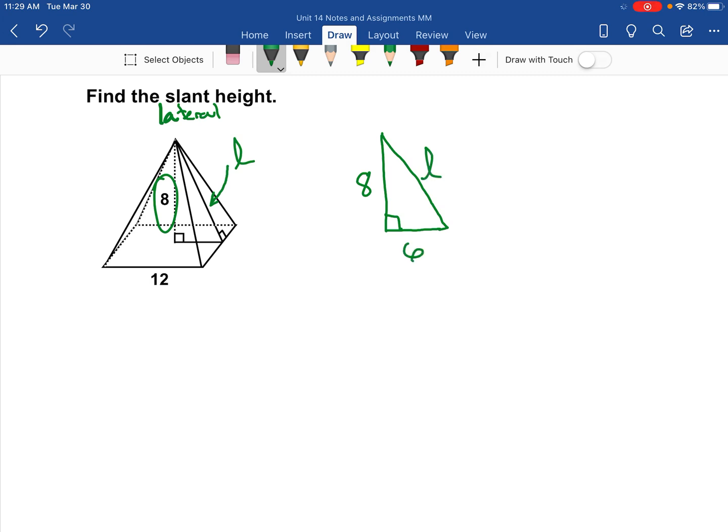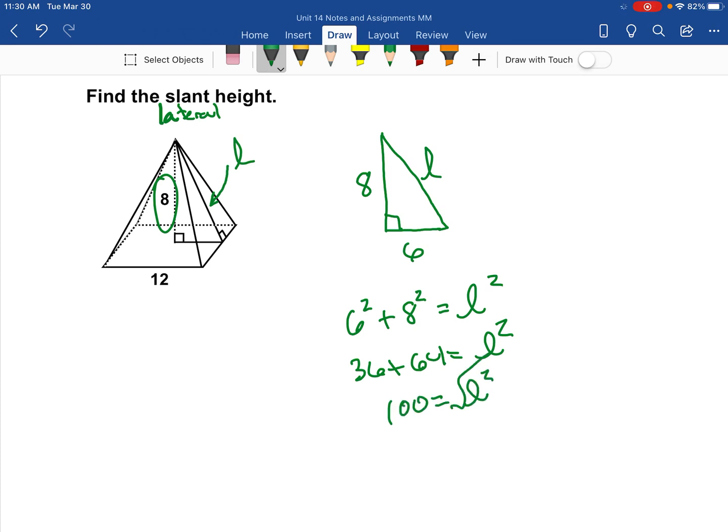If we wanted to find that, we would use the Pythagorean theorem. We know 2 sides of a right triangle. So I have 6 squared plus 8 squared equals L squared. 36 plus 64 is L squared. 64 and 36 is 100. The square root of 100 is 10.